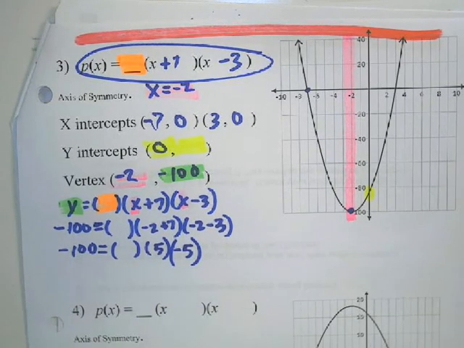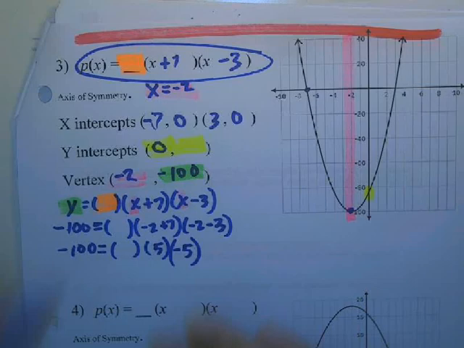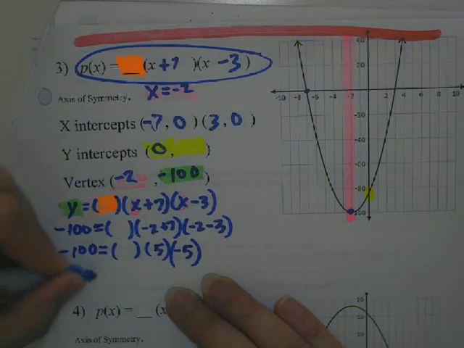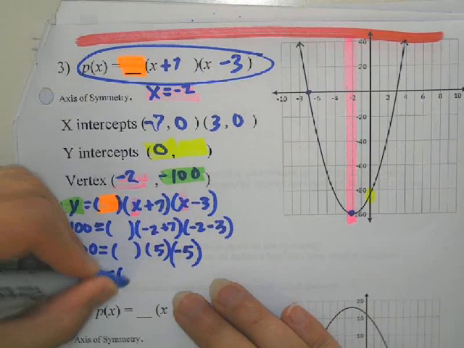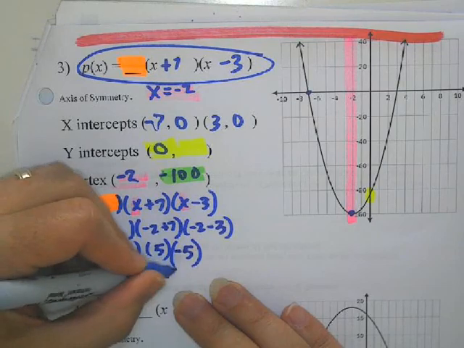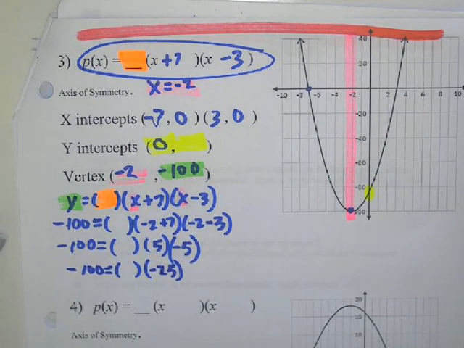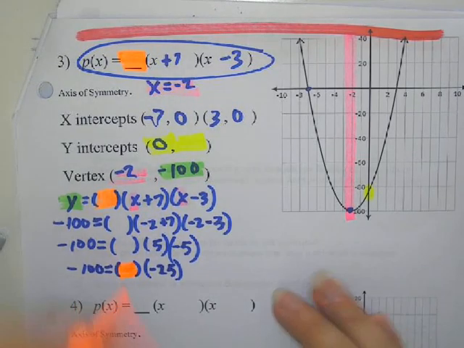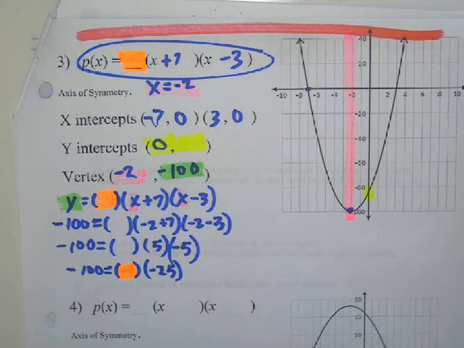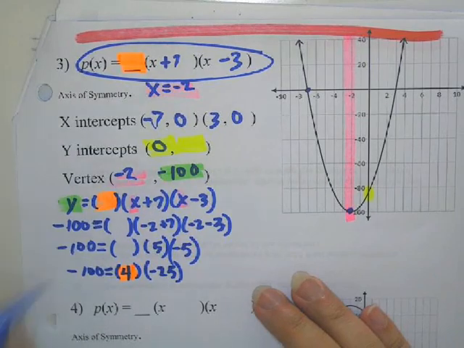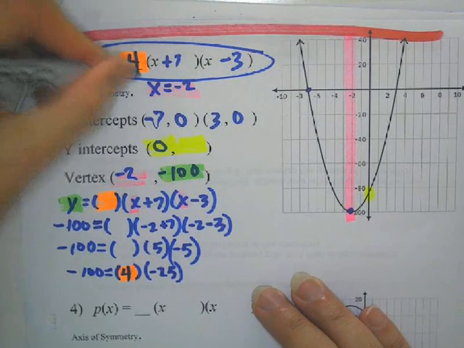So, well, 5 times 5 is 25, right? So if negative 100 equals some number times negative 25, what number do I multiply by 25 to get 100? You're right. It's 4. So now I know this here has to be 4.